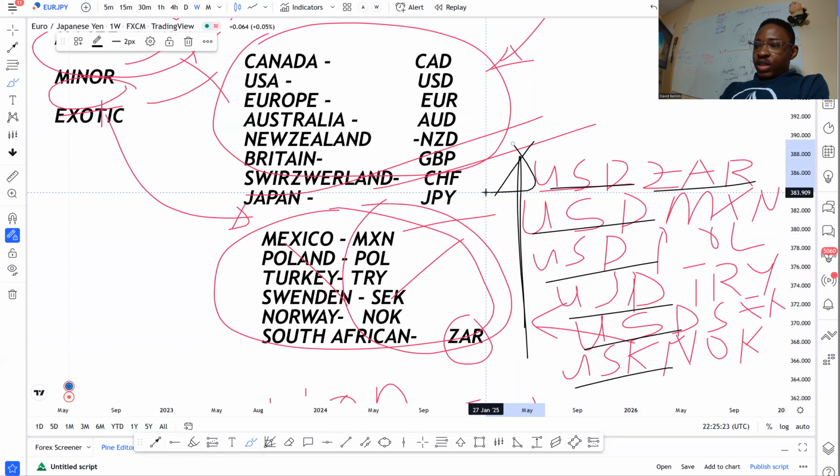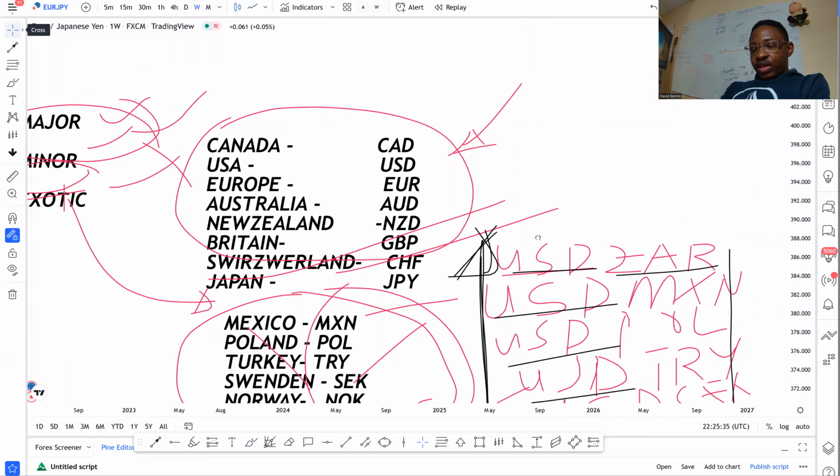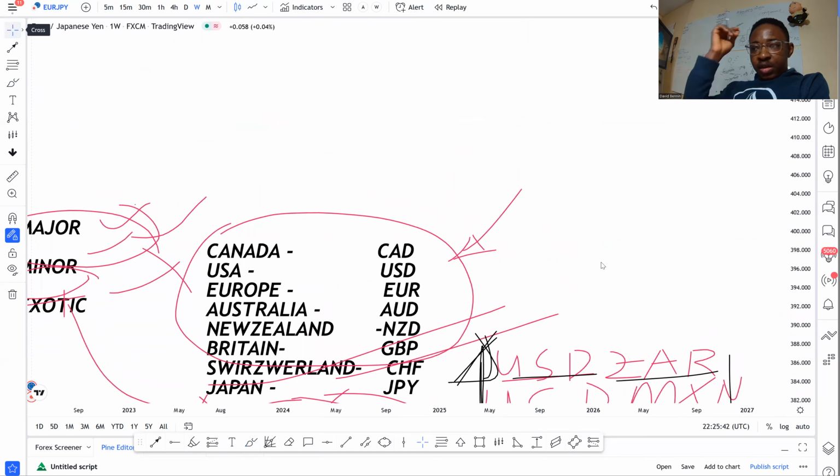And if these currencies are stronger instead of the dollar, or in other words, if the dollar is weak, these currency pairs will push to the downside, or the bears will be in control. And if the dollar is strong, the bulls will be in control. Does that make sense?